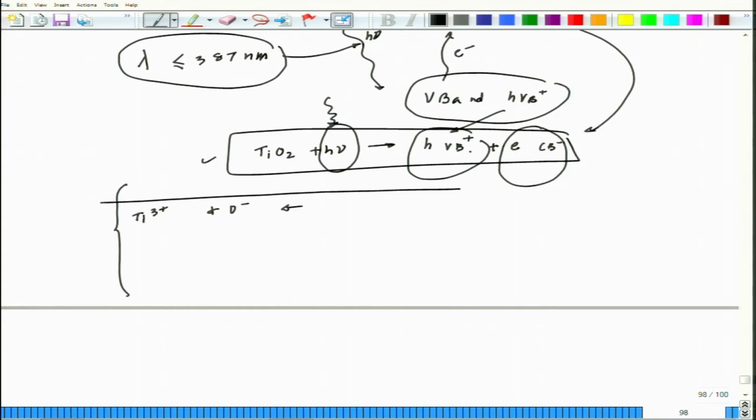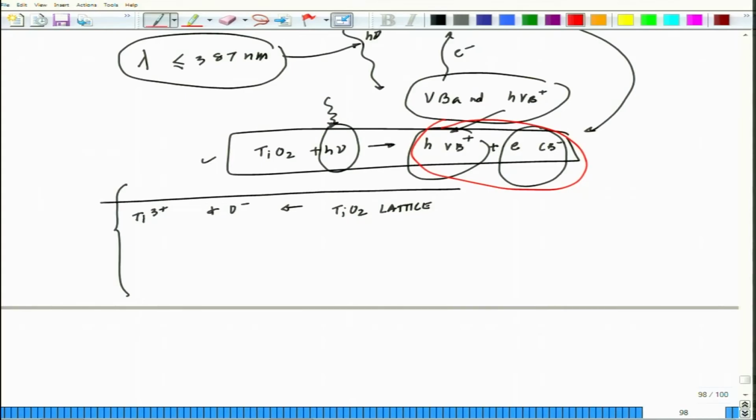The charge carriers can be trapped as Ti3+ and O- defect sites in the TiO2 lattice, or they can recombine, dissipating the energy, and this is another problem. Electron and hole can recombine and dissipate the energy, so you have to prevent that recombination. Alternatively, the charge carrier can migrate to the catalyst surface and initiate redox reaction with adsorbate.